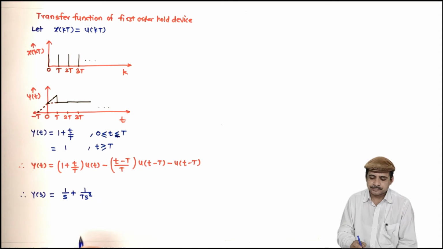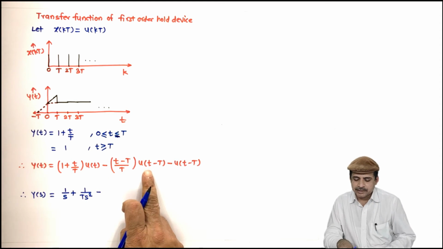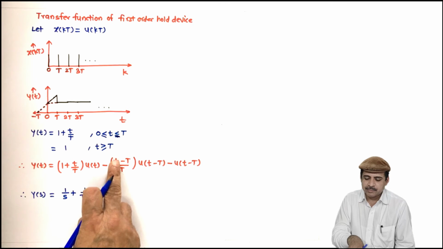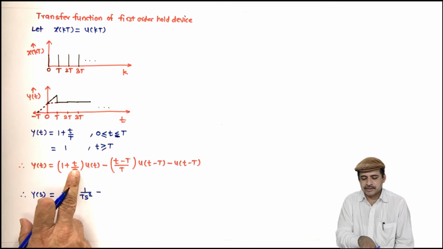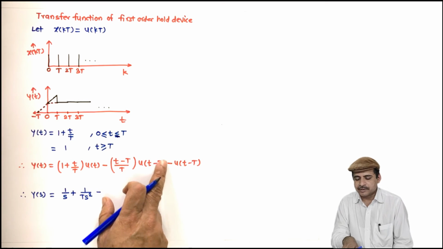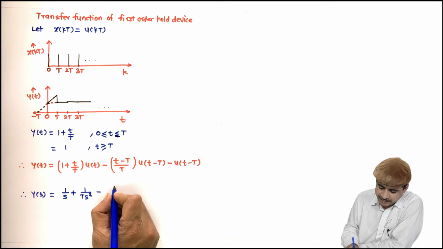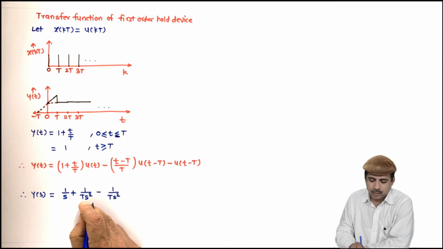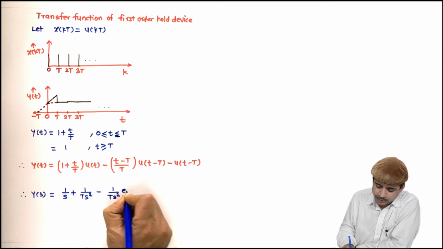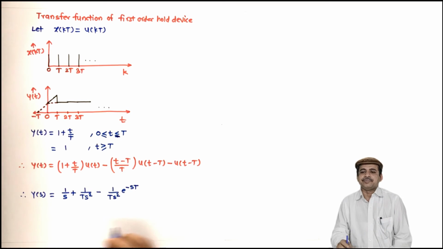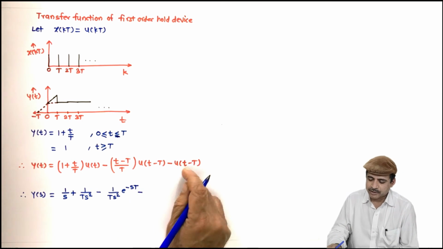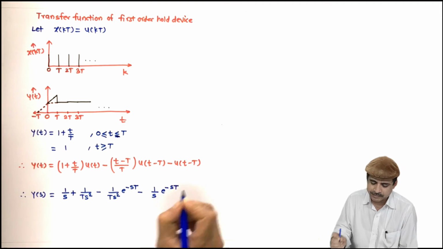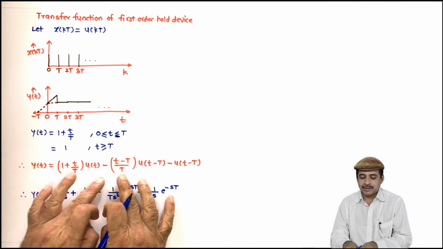Now let us come here. This is nothing but, here it is delayed with t, here also it is delayed with capital T. So it's a shifted version of t by T u of t, t by T u of t with shifting of capital T. Hence it can be written as the Laplace transform of t by T u of t is 1 by T s square, which we obtained here, into, because of time shift, e raised to minus sT. And then finally this is a shifted version of u of t, so it is 1 by s into e raised to minus sT. You can work out the Laplace transform of this separately.